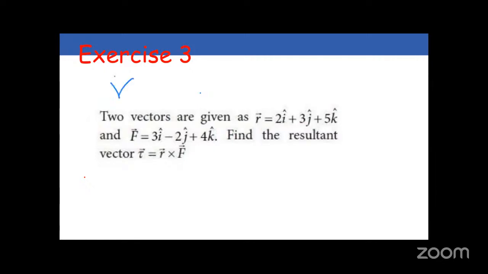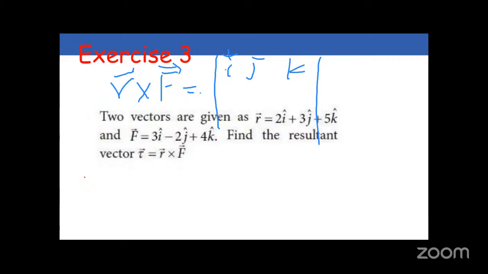R cross F will be equal to, we use the matrix determinant method. I, J, K, with J having a minus sign.